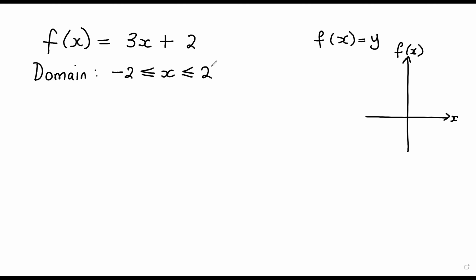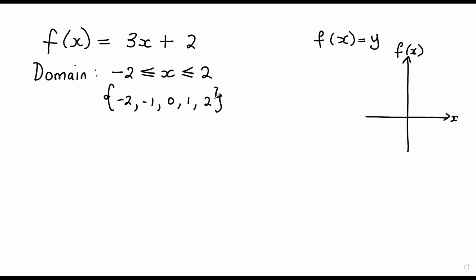If the domain is x is greater than or equal to negative 2 and x is less than or equal to 2, it means that the set of values that x could take will be, using my curly brackets, the set of negative 2, negative 1, 0, 1, and 2.